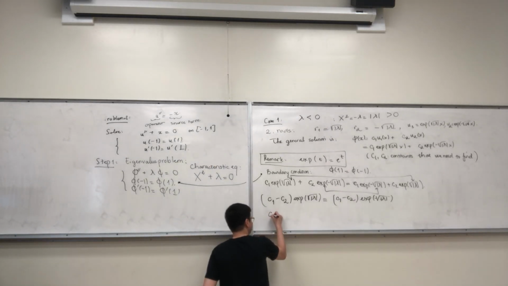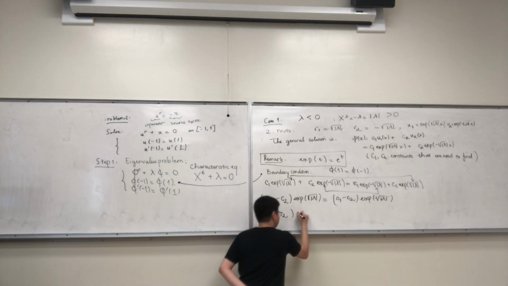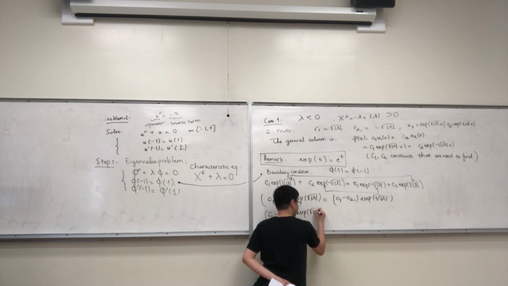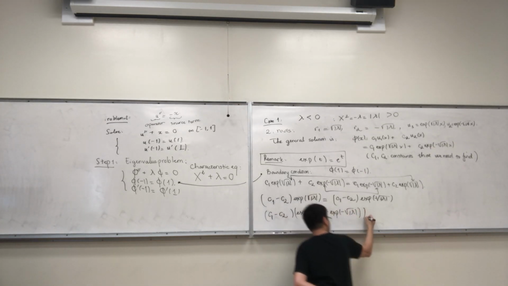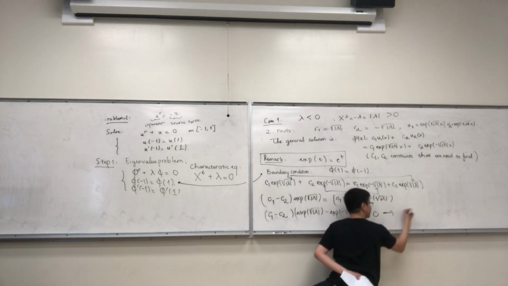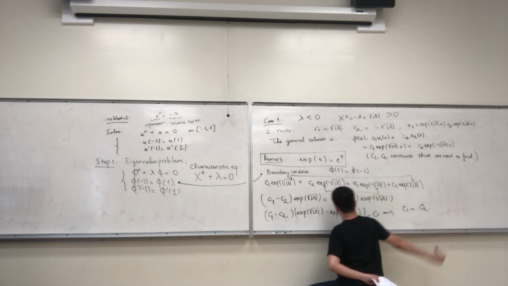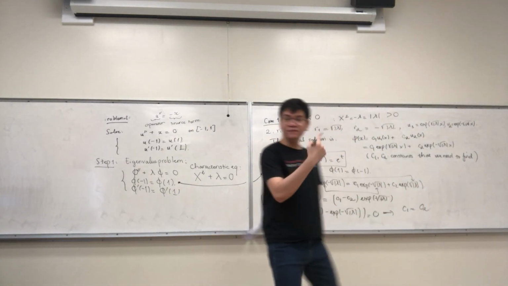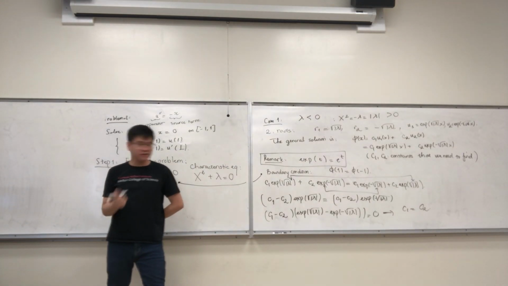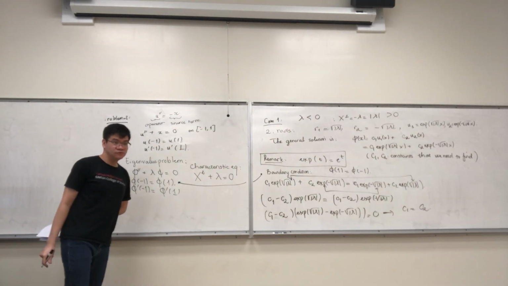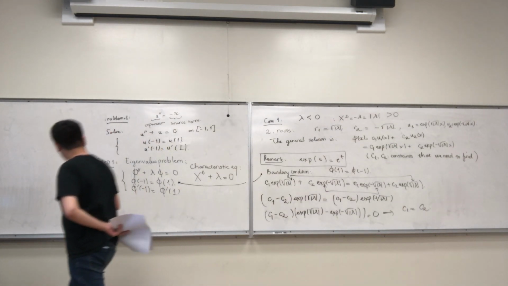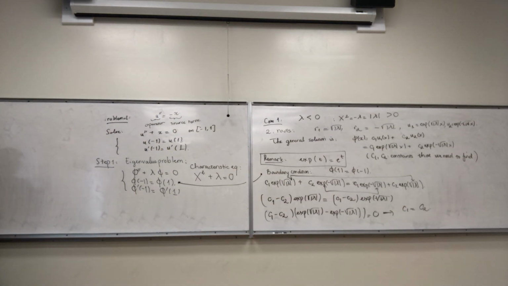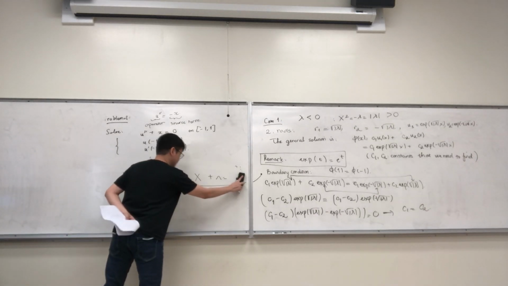Which means that c1 minus c2 times exponential of square root of lambda minus exponential of minus square root of lambda is 0, and this means that c1 is equal to c2. Questions? It's clear? All right, so now I'm going to check the second boundary condition.